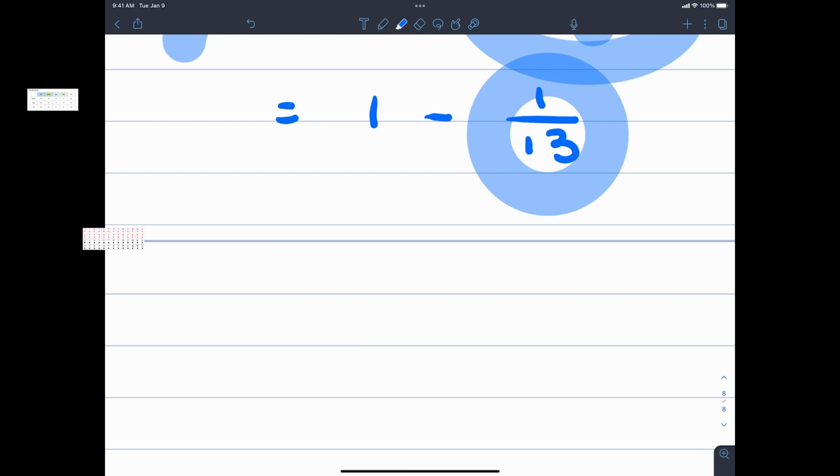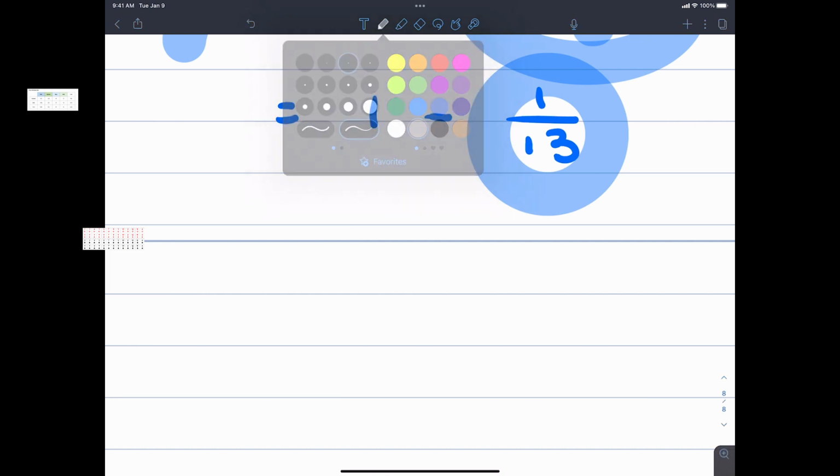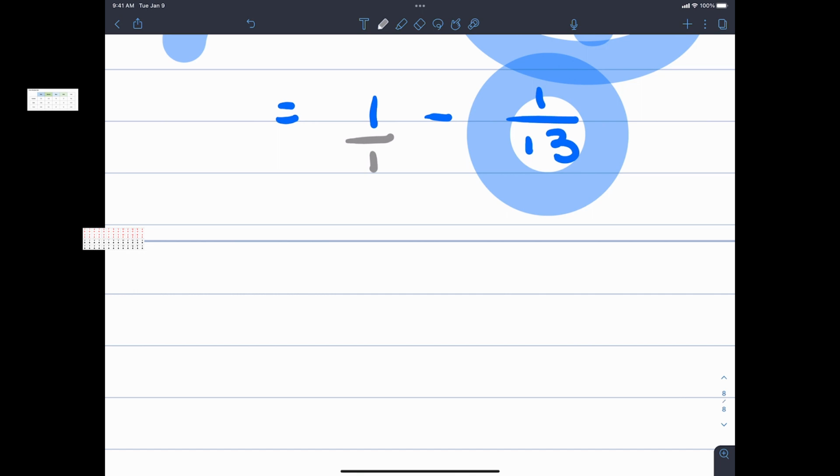Yeah, you got to have the same denominator, but you say to me, I only see one denominator. I see the fraction 1 out of 13. I'll say, okay. This is over 1. Now there's 2 denominators. Is that right? And you can only subtract fractions that have the same denominator.